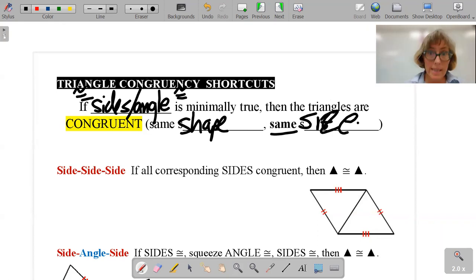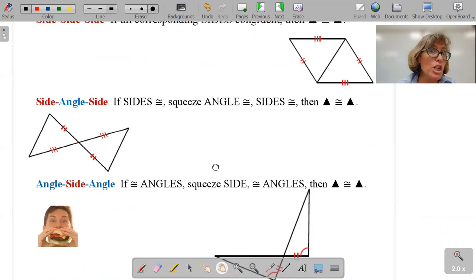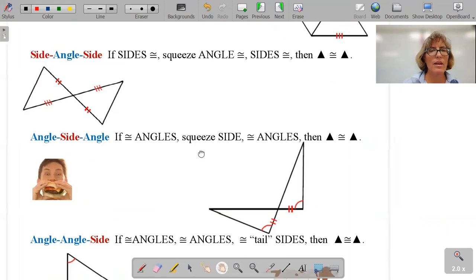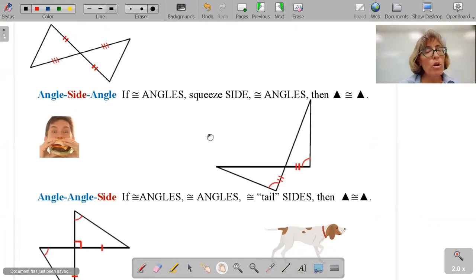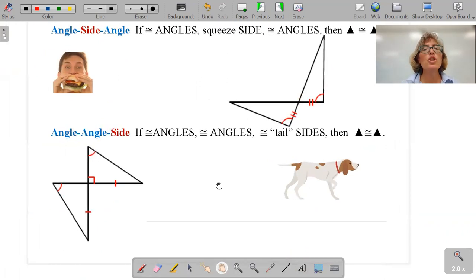So congruent sides and congruent angles. And of course, you're familiar with these. Side, side, side congruency, side, angle, side congruency, angle, side, angle congruency, and angle, angle, side congruency. This is shortcuts to same shape, same size.